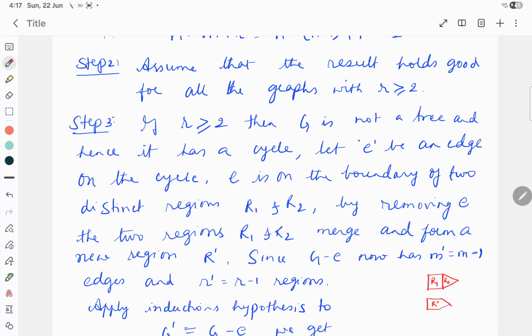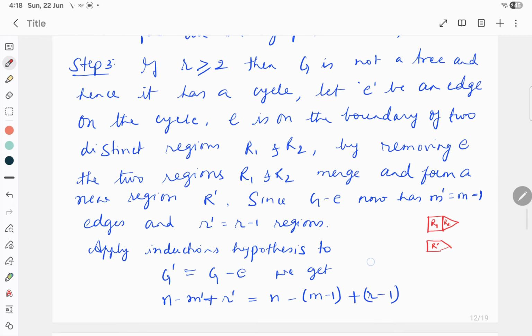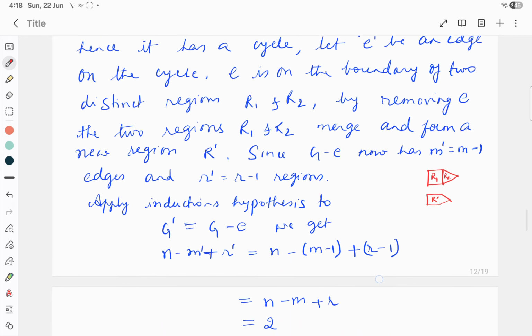Since G minus E now has m dash, where I removed just one edge, the number of edges in the new graph will be m minus 1. And the number of regions in the new graph formed will be r dash, which is equal to r minus 1. So only one region is going to reduce here. Now applying the induction hypothesis to G dash, which is G minus E, for G dash the number of vertices remains the same, so it is n only.